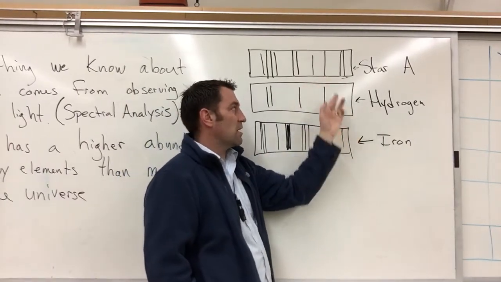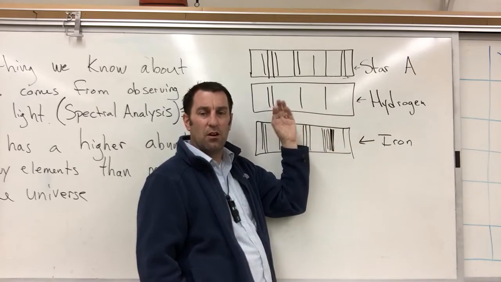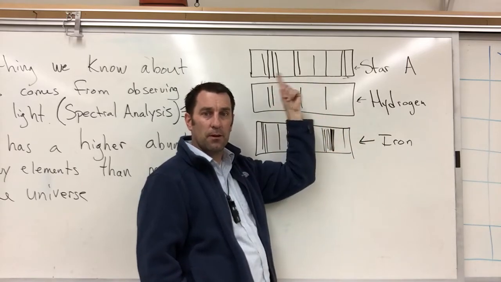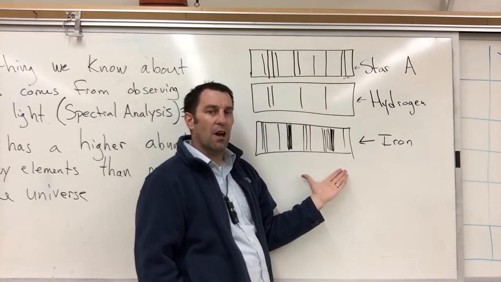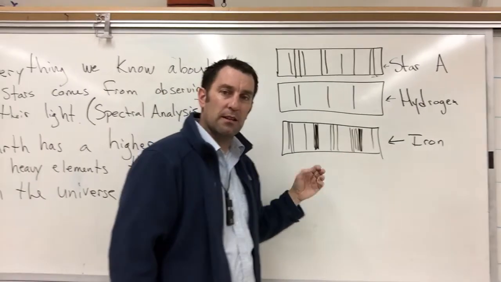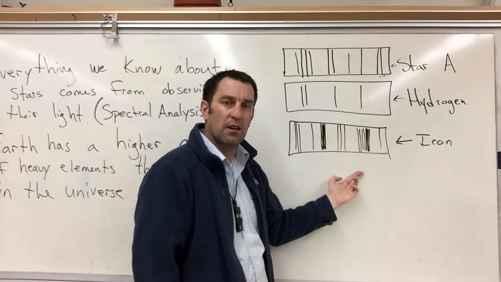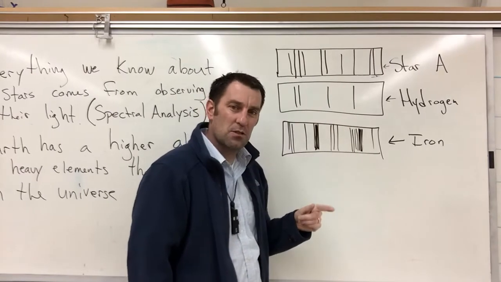So we would say that in star A there is hydrogen, because all of these lines are aligned to something up there. Then we would say definitely iron would not be in this star, because iron had many more line signatures or wavelengths that were not represented in the star. So that's how we can learn about stars.